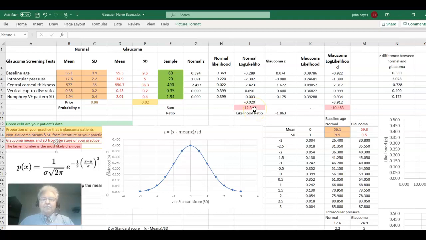Now, this process is called Gaussian naive Bayes. And it's Gaussian because we're using a simplified model of the normal distribution. It's naive because we treat them all the same.